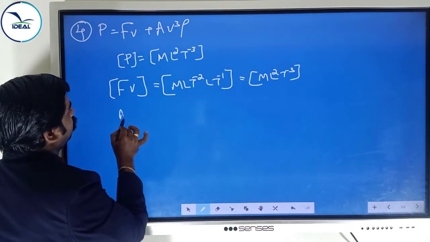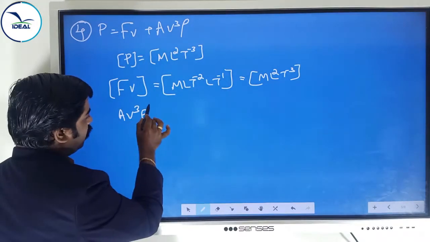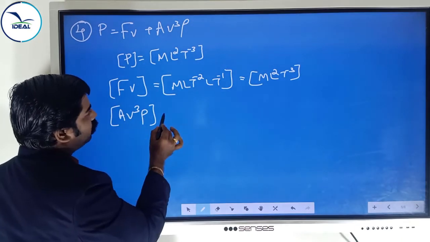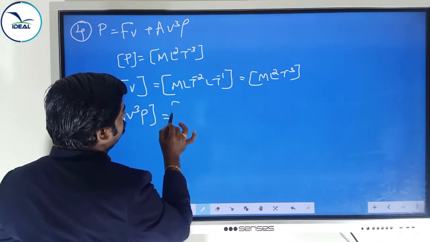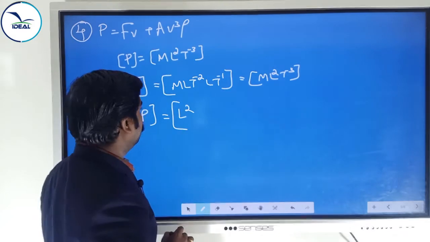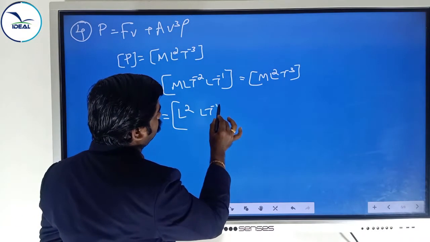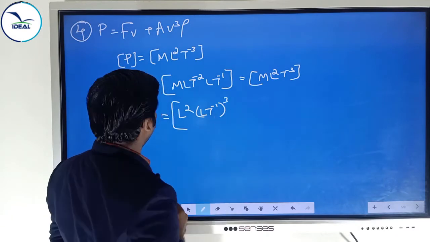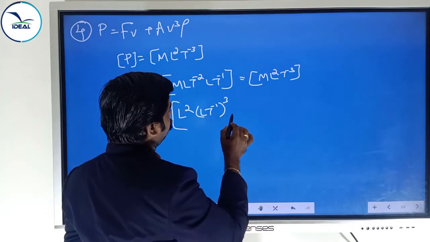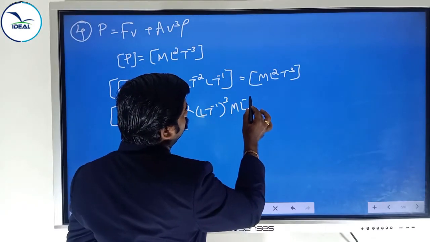And the next one, A v cube rho, the dimension of A v cube rho. The dimension of area is L square, velocity cube is LT raised to minus 1 whole cube, and rho, mass by volume, is M L raised to minus 3.